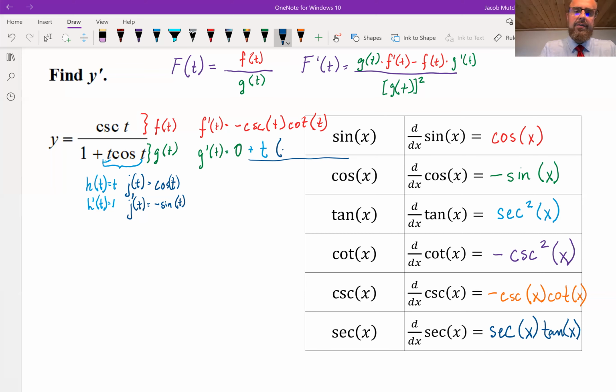So negative sine of t, plus original j, which is cosine of t, times the derivative of h, which is just 1. Let's simplify that derivative of g of t. So 0 is going to go, it's going to be equal to negative t sine of t plus cosine of t.